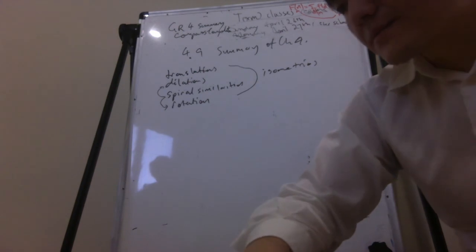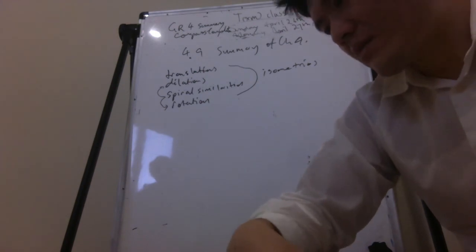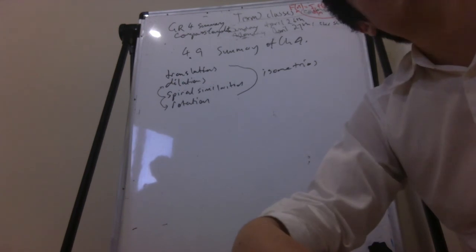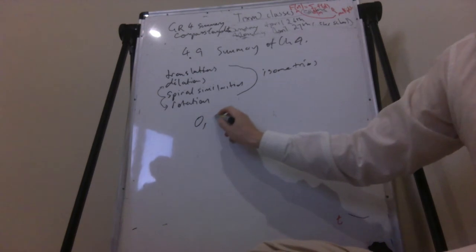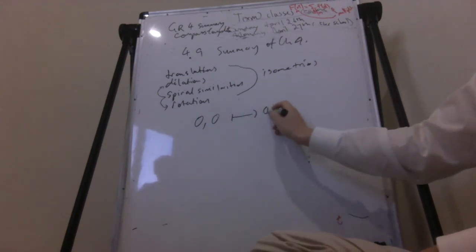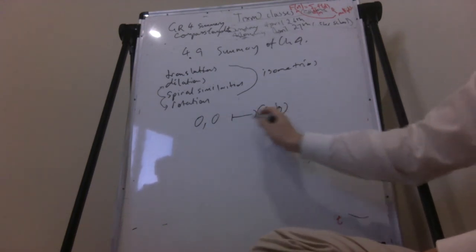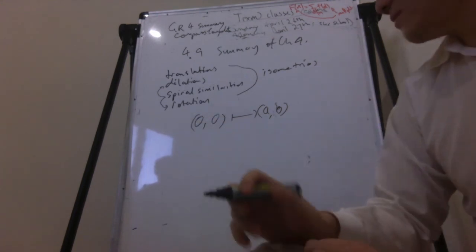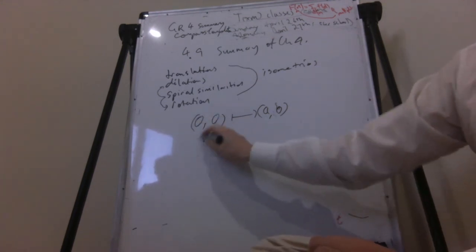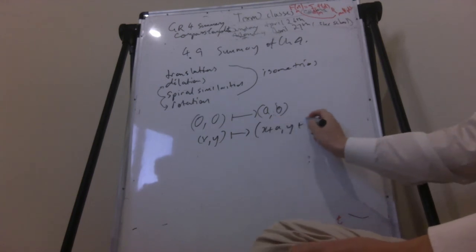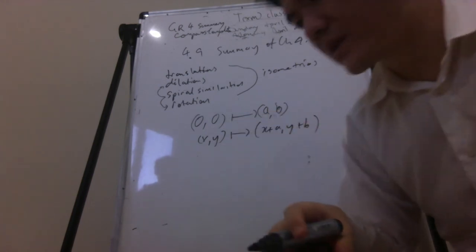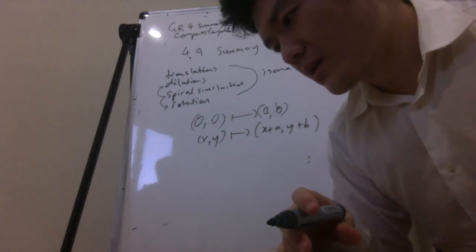So, some of the final exercises. Did you do them? The formula for the translation that takes 0 to (a, b): x, y goes to x plus a, y plus b. We might skip some of the ones we did last time.